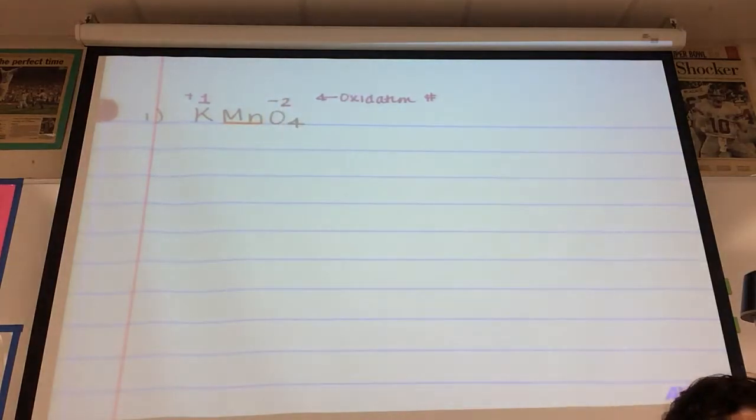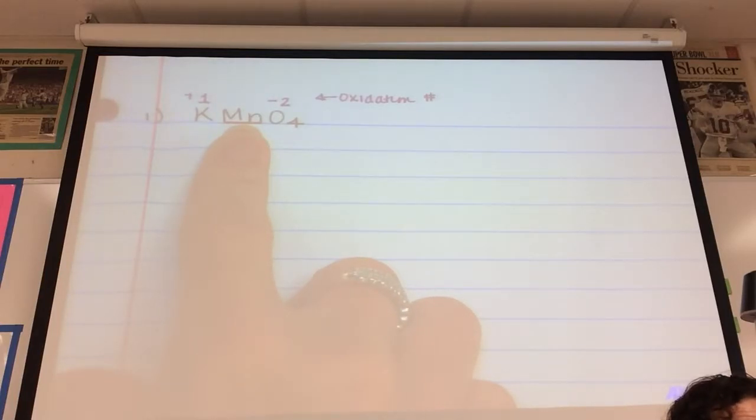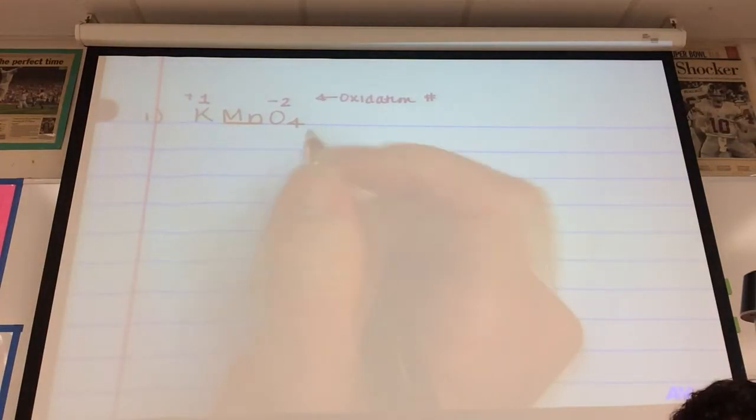Look at your rules. We're trying to figure out the manganese. Now, manganese is a transition element that we already know can form ions of multiple charges, also can have multiple oxidation states. Here's my approach.